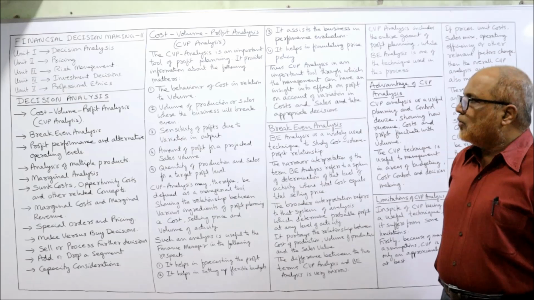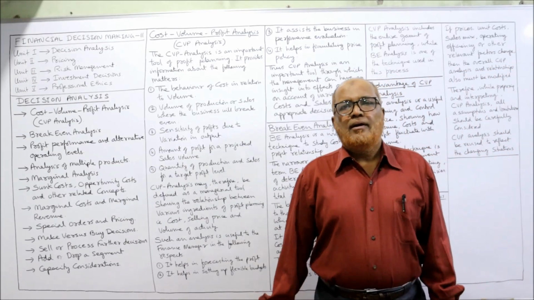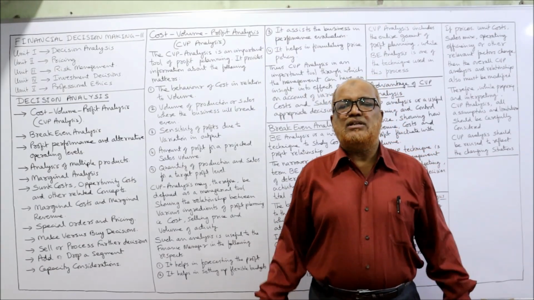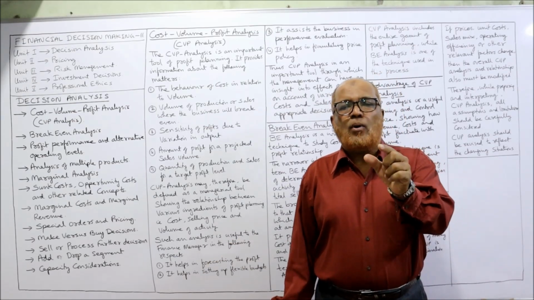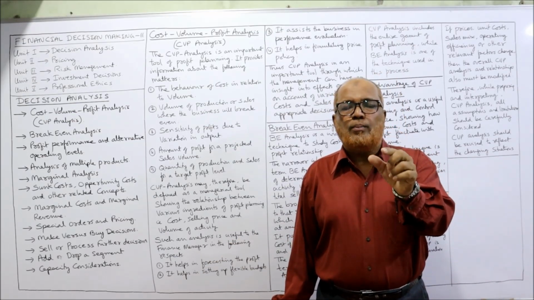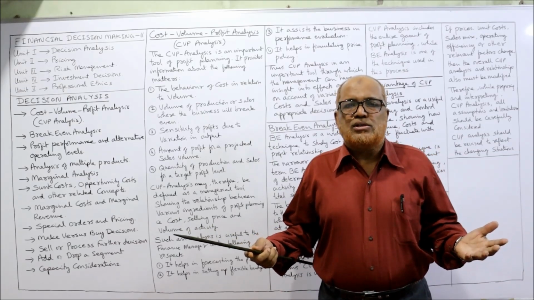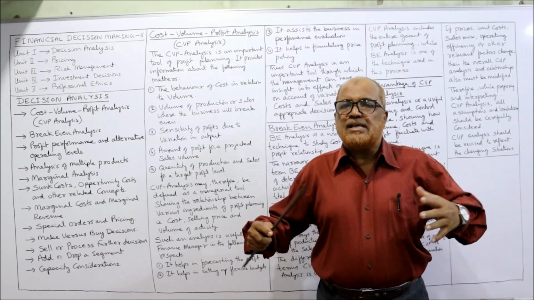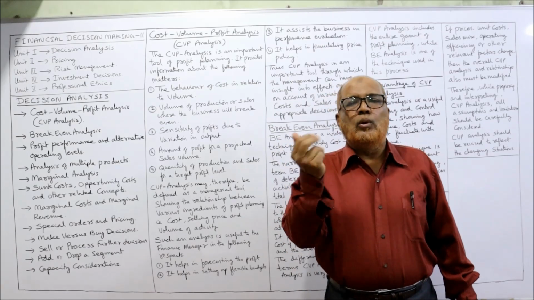Secondly, the volume of production or sales where the business will break even. Every business wants to find out at what level of activity it will break even. Break even means the point at which there is no profit, no loss. Neither profit nor loss. That level of activity is called break even. For example, I am selling some product, say air coolers.